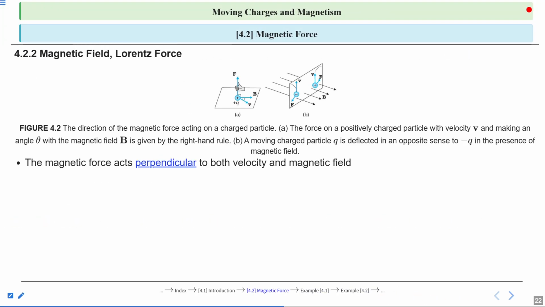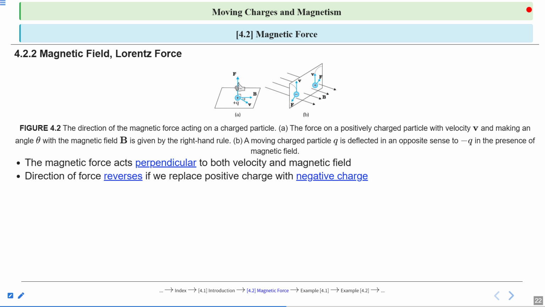Magnetic force acts perpendicular to both velocity and magnetic field. So if the particle is not moving parallel or anti-parallel to the magnetic field, then the magnetic force acting on this moving charged particle will be perpendicular to both velocity and magnetic field. The direction of force reverses if we replace the positive charge with a negative charge.